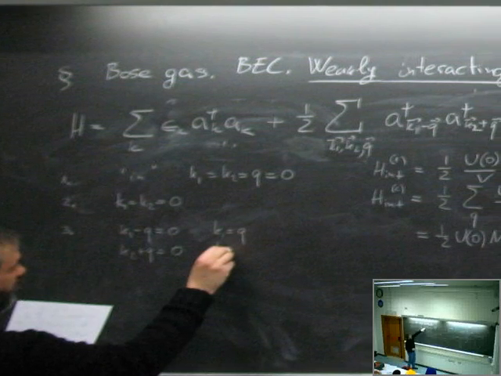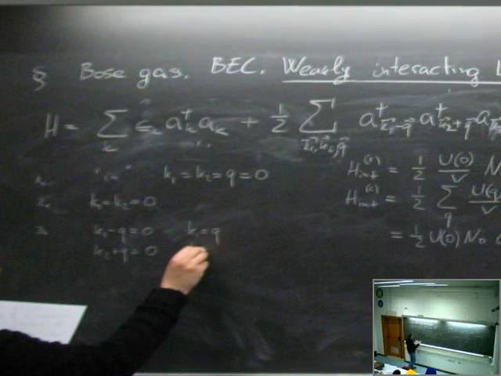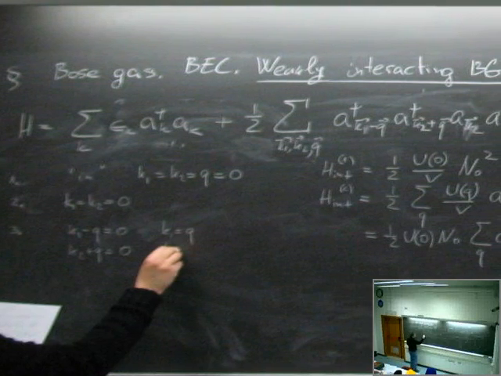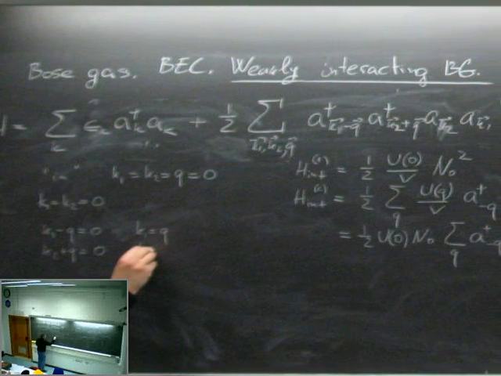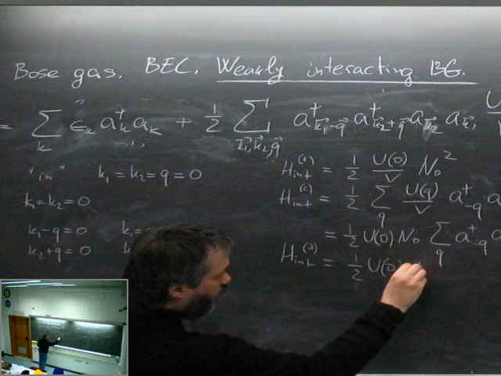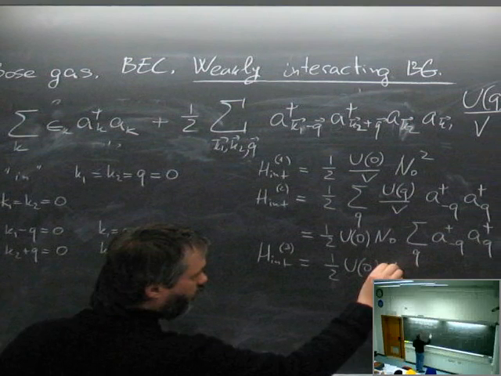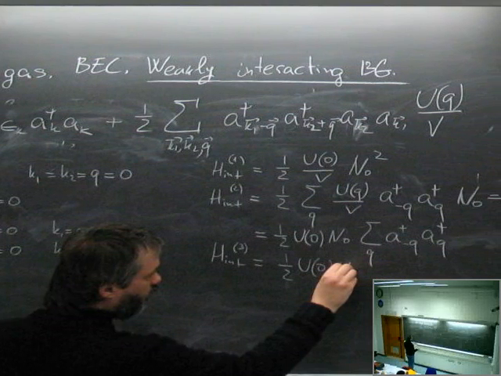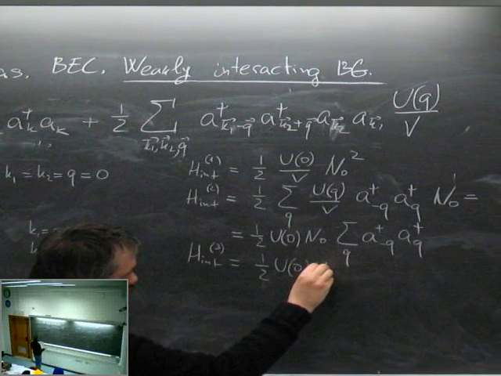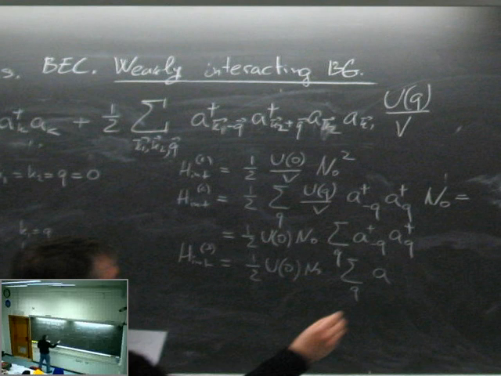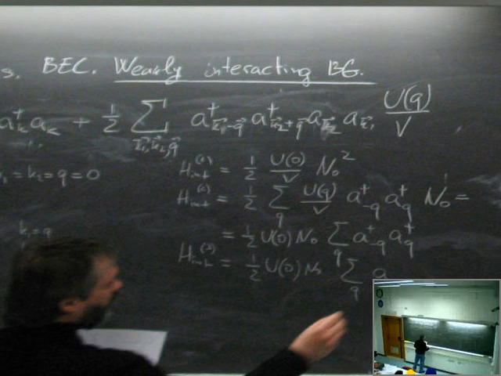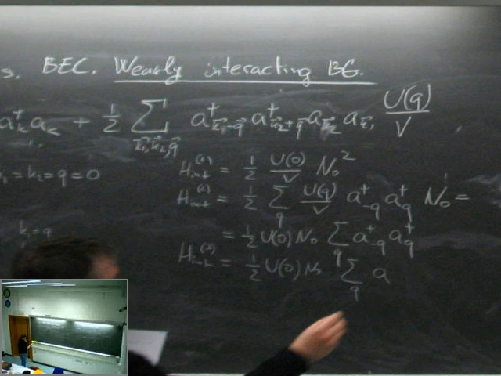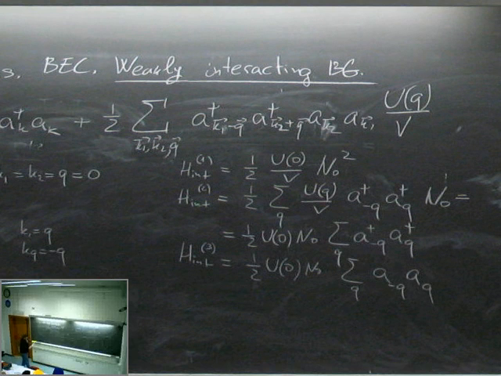So then, H interaction 3 is equal to 1/2 U node N node sum over Q, K2, minus Q, A.